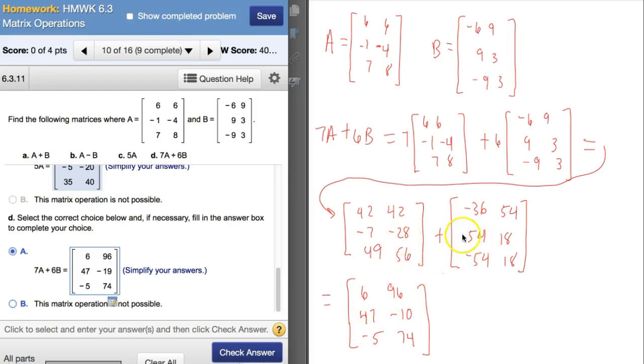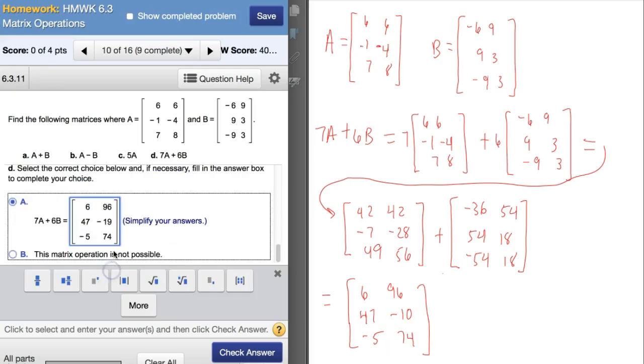Negative 28, 18, that should be a minus 10. And here, 49 and 54. That should be negative 5. And that should be 74. So, oh, yeah. I see what I did wrong. Got the minus 10 here. And I put minus 19 by accident.